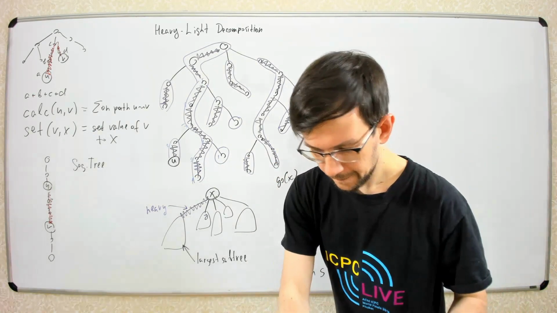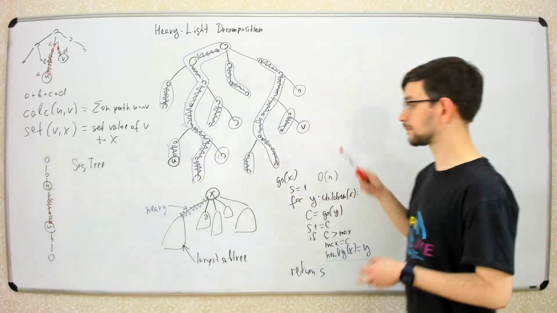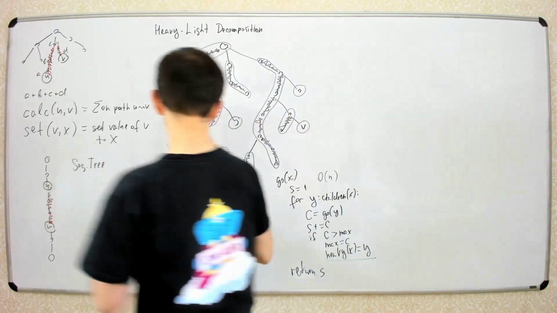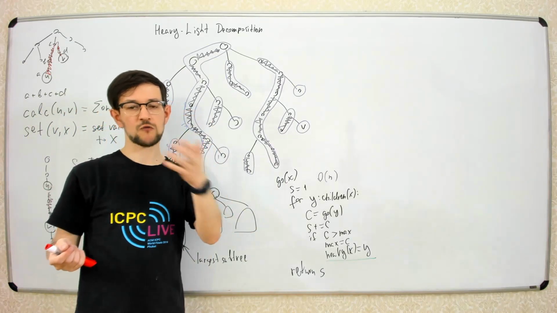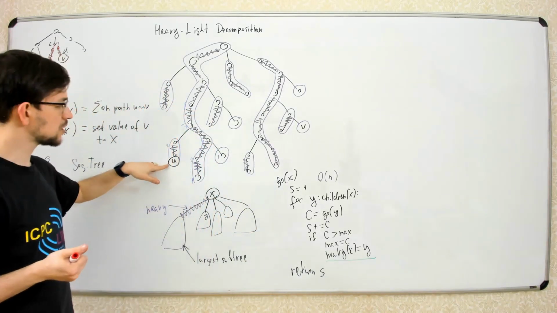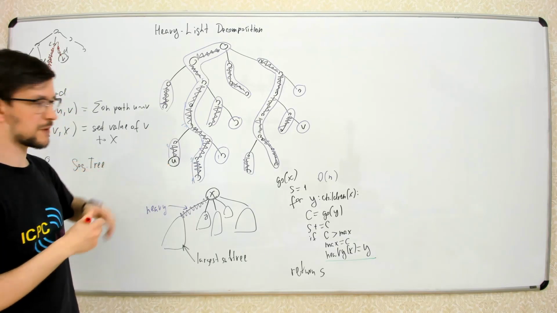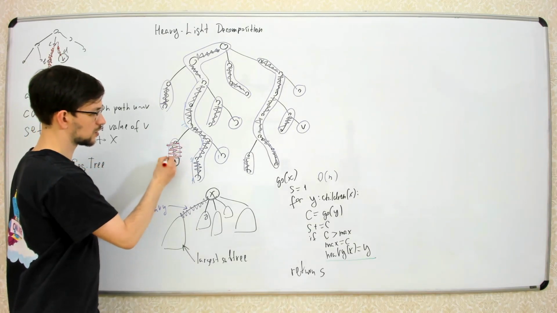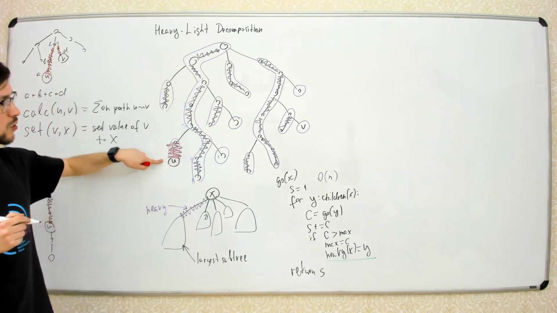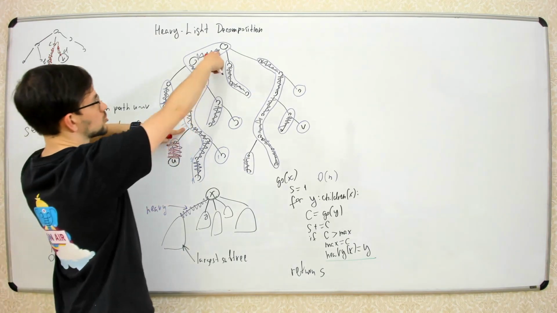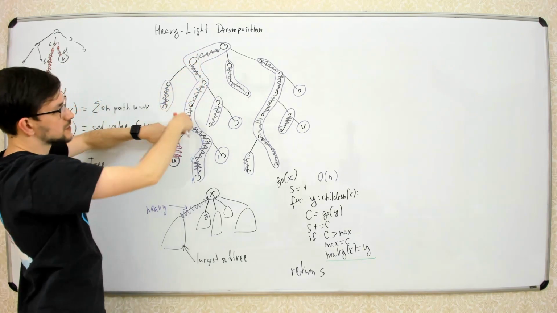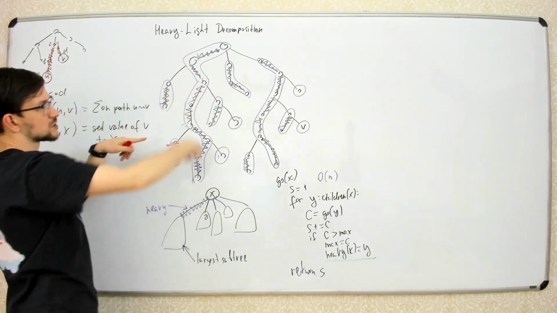Let's look at the path from U to V. This path consists of some segments of heavy paths. So we start from here. We need to take this whole heavy path. Now we go to here, and from here we need to go up to the root, so we take this segment of this long heavy path.